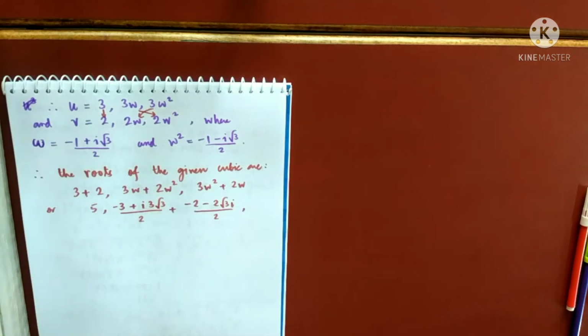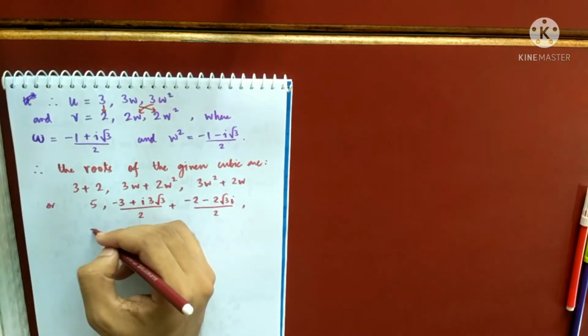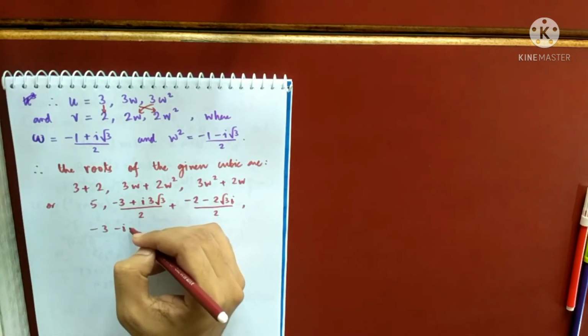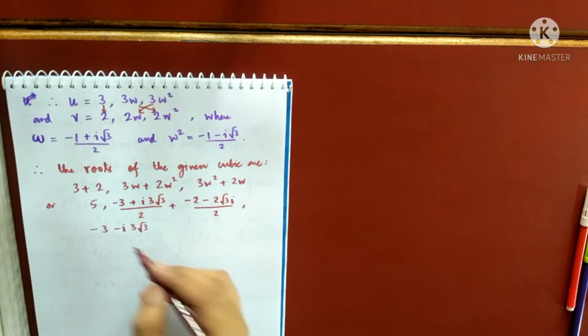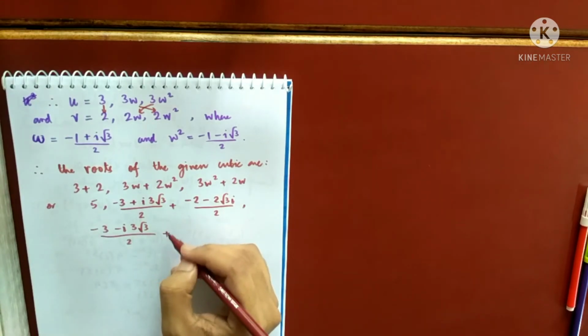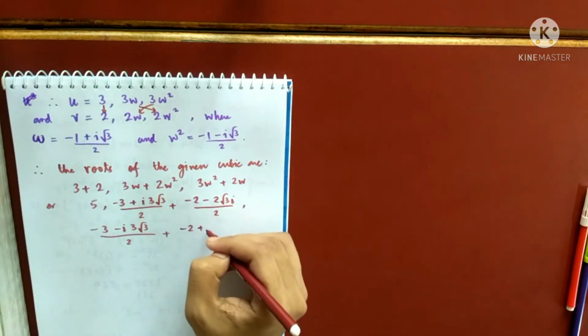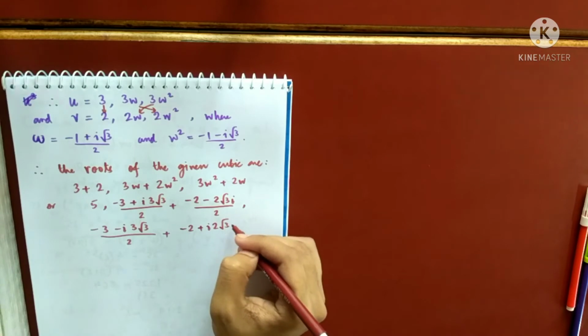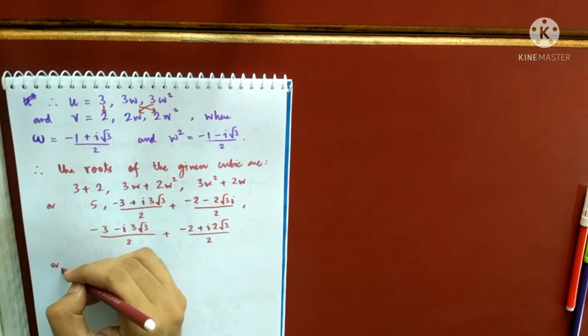This is the second root, and for the third root similarly, you have to multiply 3 here, minus 3 minus i 3 root 3 by 2, plus multiply 2 here, minus 2 plus i 2 root 3 by 2. Or what are the roots?